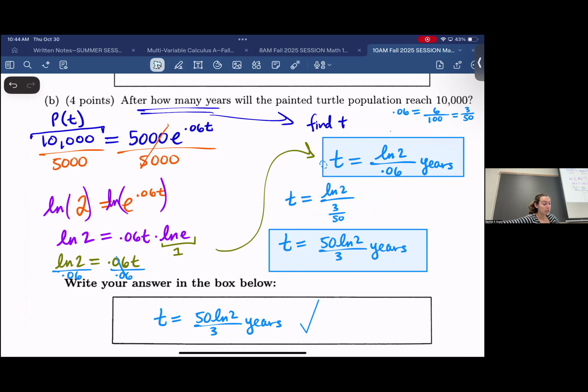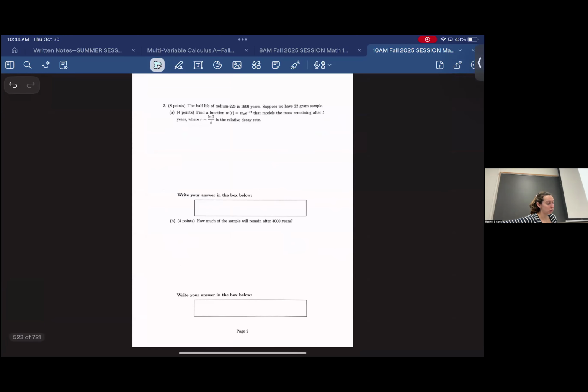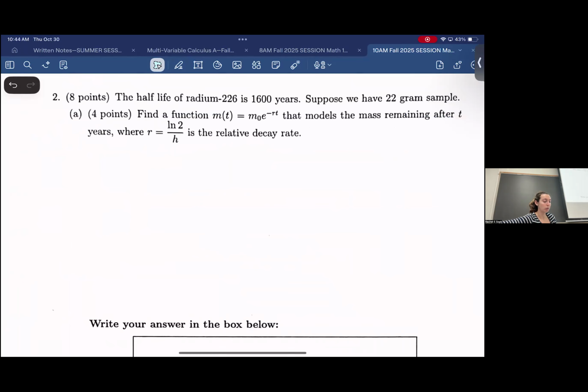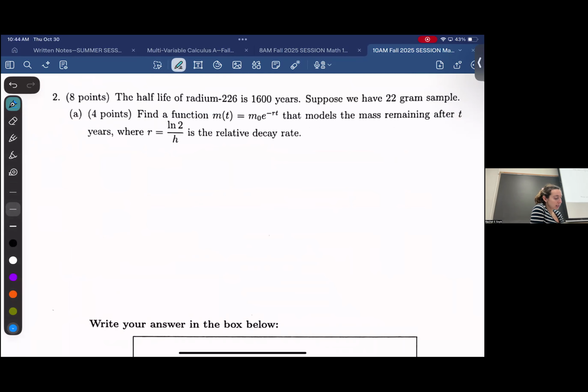Okay, so let's go ahead and turn the page and look at our question 2, which is dealing with half-lives. We have the half-life of radium 226 is 1600 years. So let's write off to the side our H, aka our half-life, is 1600 years. Suppose we have 22 grams of our sample.